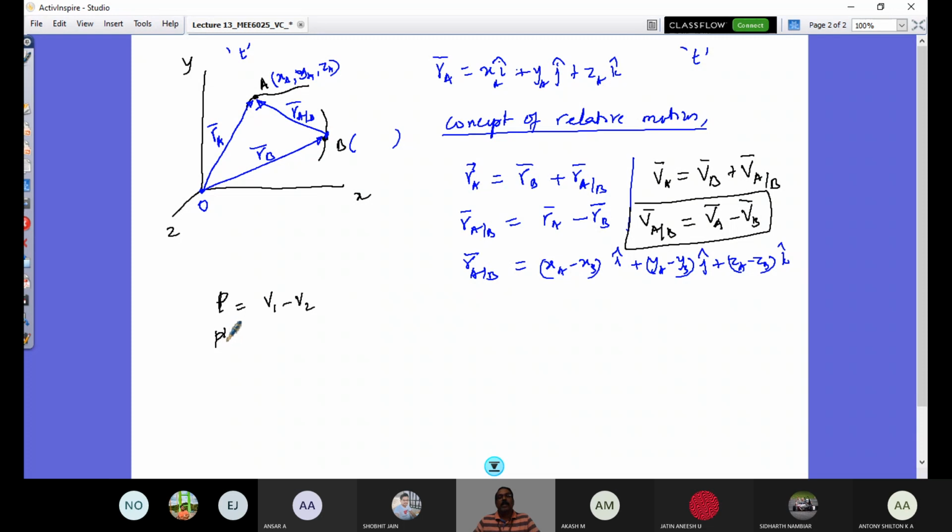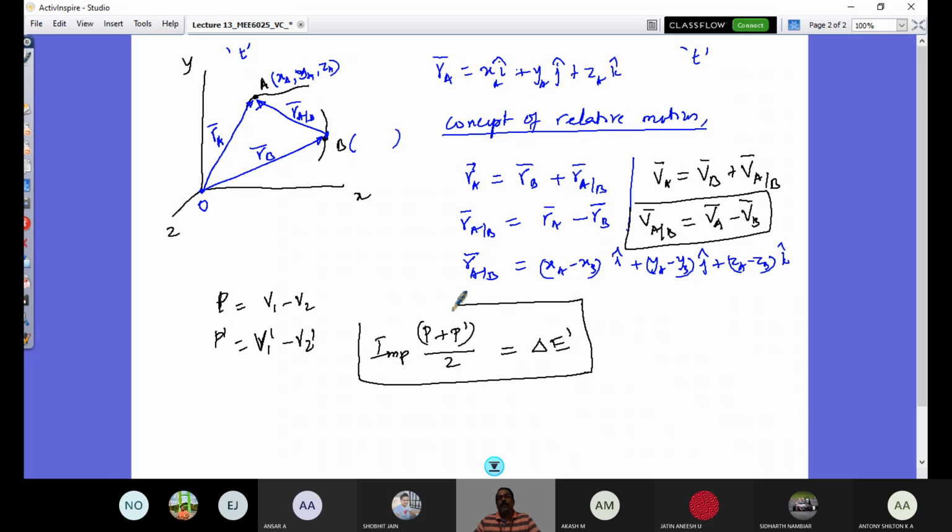So what is p dash? It is v1 dash minus v2 dash. So this sum p plus p dash, half the value of that is multiplied by the total impulse present in the system, that would be equal to the total dissipated energy. That is Kelvin's theorem now.